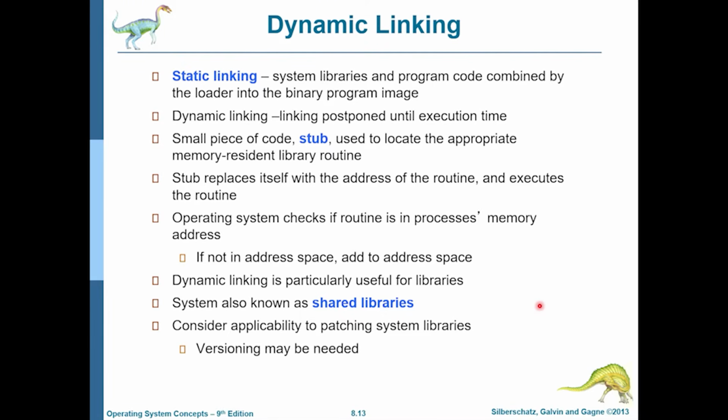Hey OS, whenever there is a need to call this function, you need to look at a DLL, a dynamic link library, bring in the code, give the program the address, and at runtime, the program will dynamically jump to that function, do its job, and come back. And this concept is called dynamic linking, because the linking of functions to your executable happens dynamically at runtime. It is not done statically at compilation or linking time.